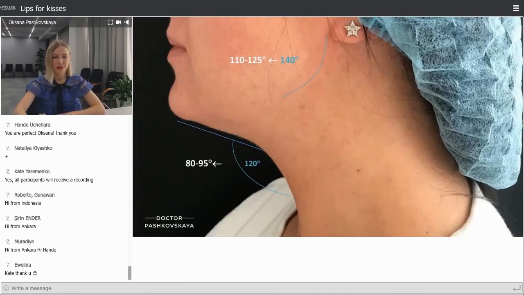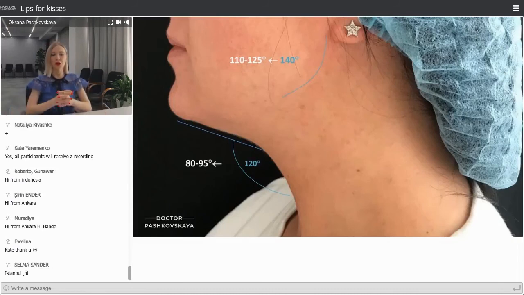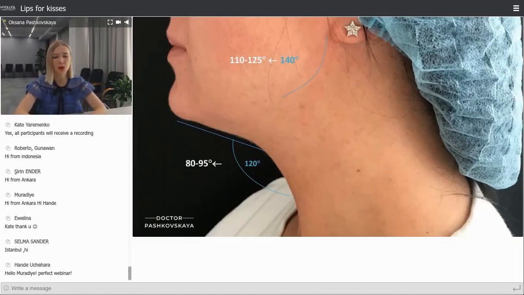It's nice to see. And also I would like to share with you about the lower third, because it's a very popular procedure to work with jaw angles. You see that the optimal measure is about 110 degrees. And you know, with aging it decreases.